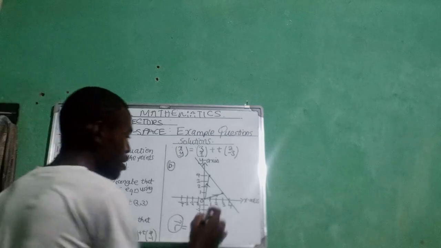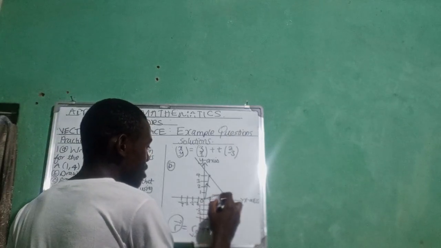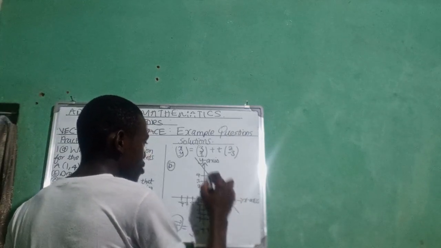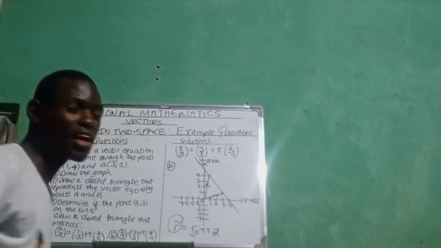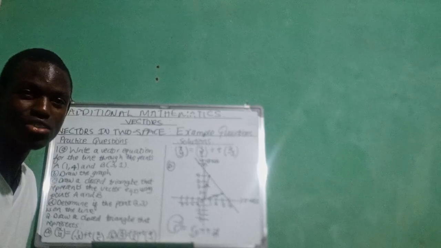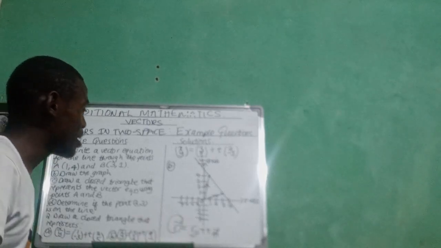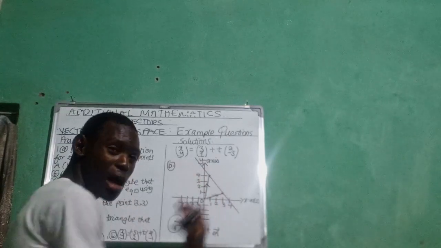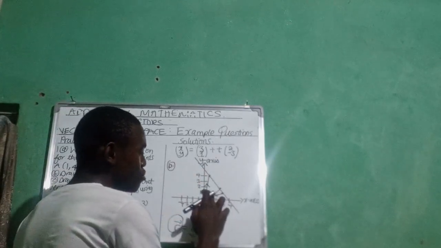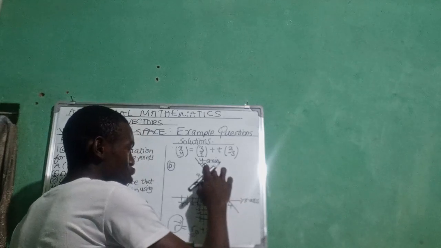It means that if we are here, we need to move like this to there. So you can name any of them your R naught, and any of them you can name your resultant vector R.